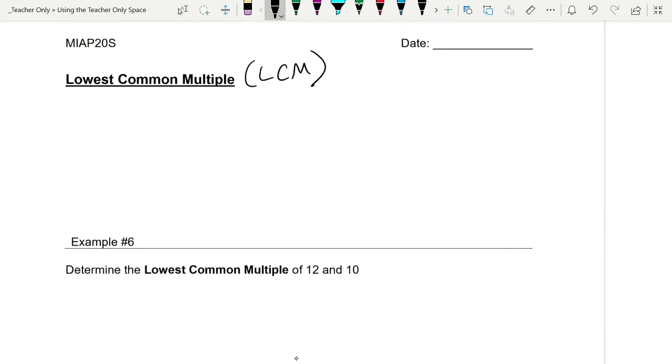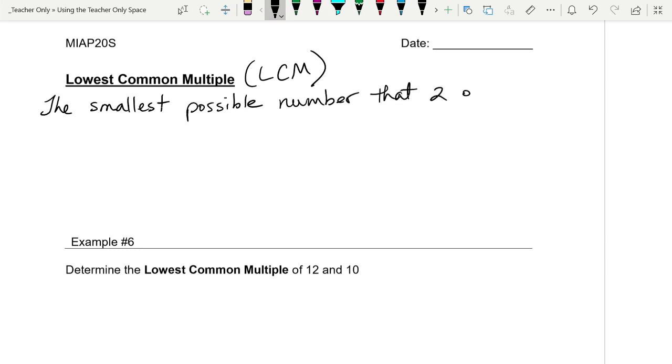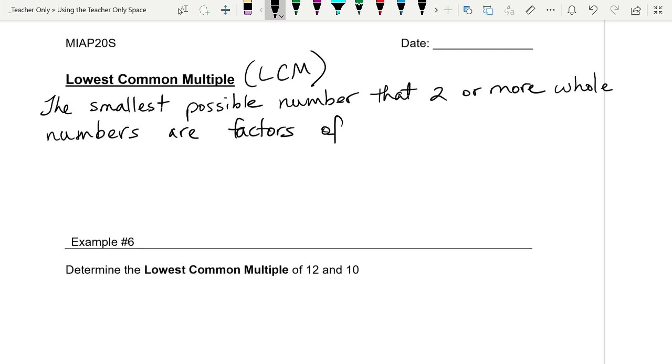Well, in words, it's the smallest possible number that 2 or more whole numbers are factors of.